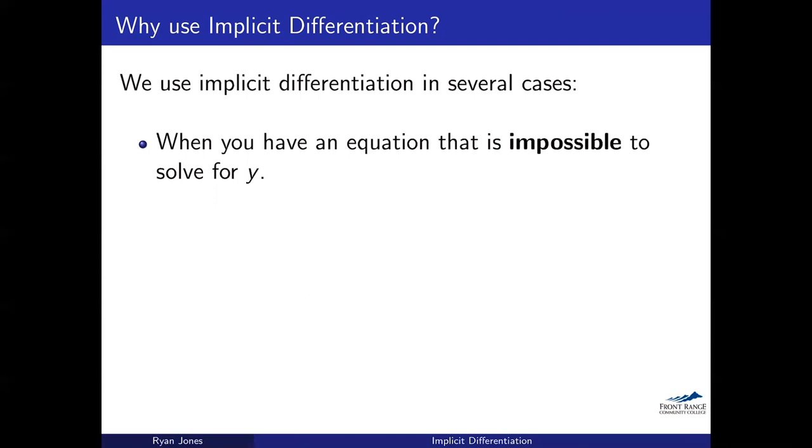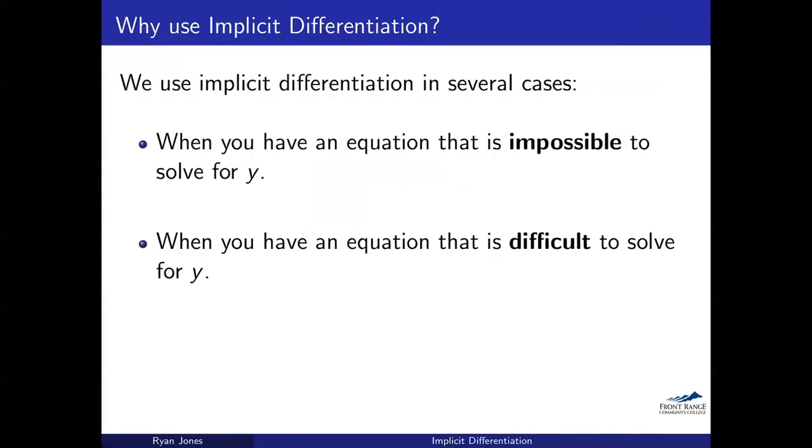Implicit differentiation is going to be your friend there. Another case is if it's difficult to solve for y. In some cases, you might be able to do it, but it's going to be really hard, so why not just do implicit differentiation right off the bat?